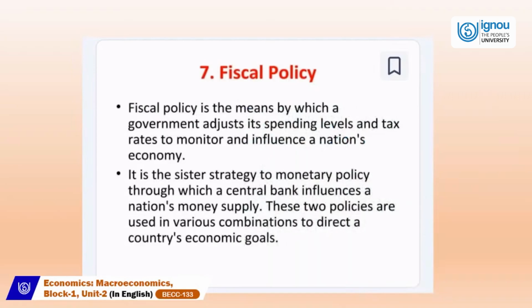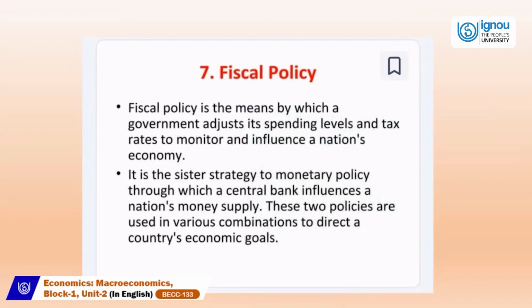Ultimately, the government has a major role in adjusting its own spending level and taxation rates, so that the monitoring process and the influence on the national economy work simultaneously. When we talk about fiscal policy, it is one of the sister strategies to monetary policy.